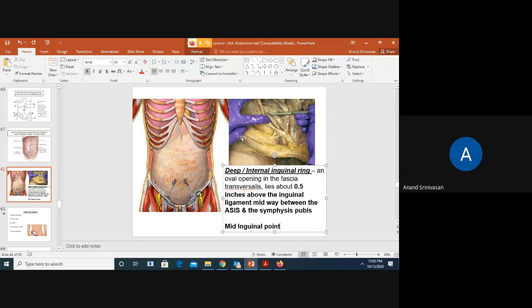Now this one, from the anterior superior iliac spine to the pubic symphysis, is called the mid-inguinal point.